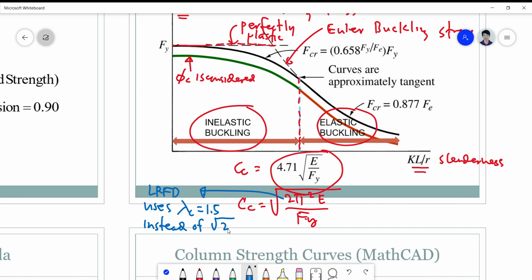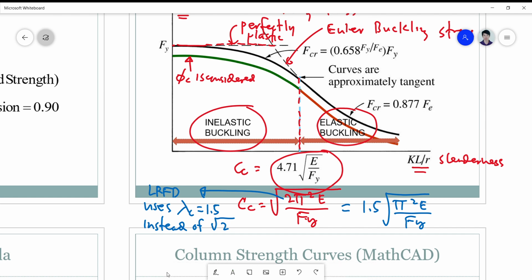Okay, so instead of square root of 2, your LRFD uses a value of 1.5 square root of pi squared E all over Fy. Okay, so I have a derivation of this in the other video.